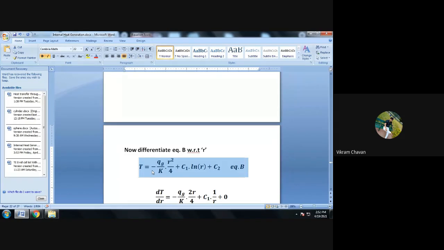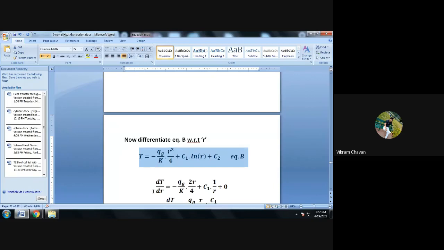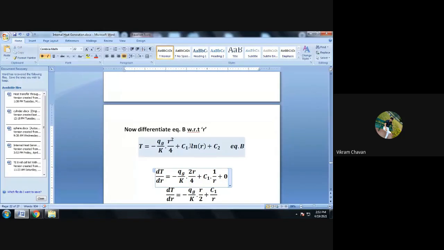Once you differentiate this equation with respect to r, you will get dt divided by dr is equal to minus q suffix g divided by k, which is a constant. We keep this term as it is. Differentiation of r square divided by 4 will become 2r divided by 4, since differentiation of r square is 2r. So we will get 2r divided by 4 plus differentiation of ln of r.